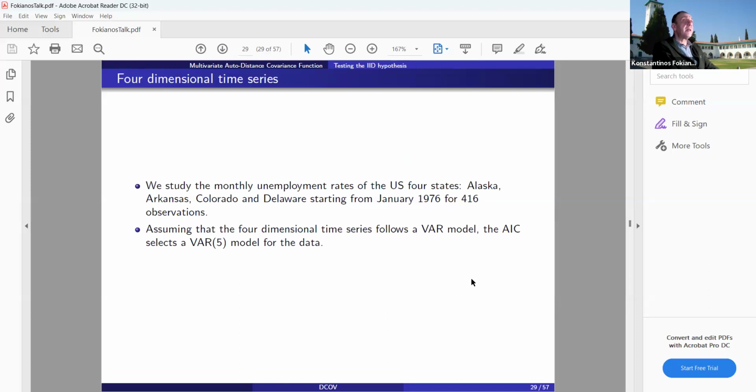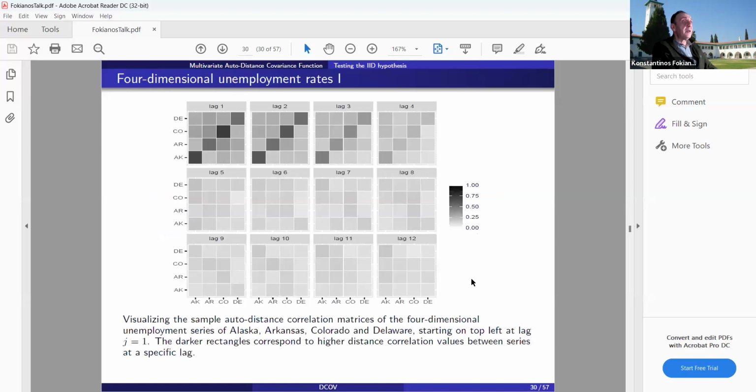We study the monthly unemployment rate of four US states. Okay, so we assume it's a four-dimensional time series. We assume a VAR model, and we just use the usual AIC criterion to get a VAR(5) model for the data. So here is the data, and this is the sample auto distance correlation matrices.